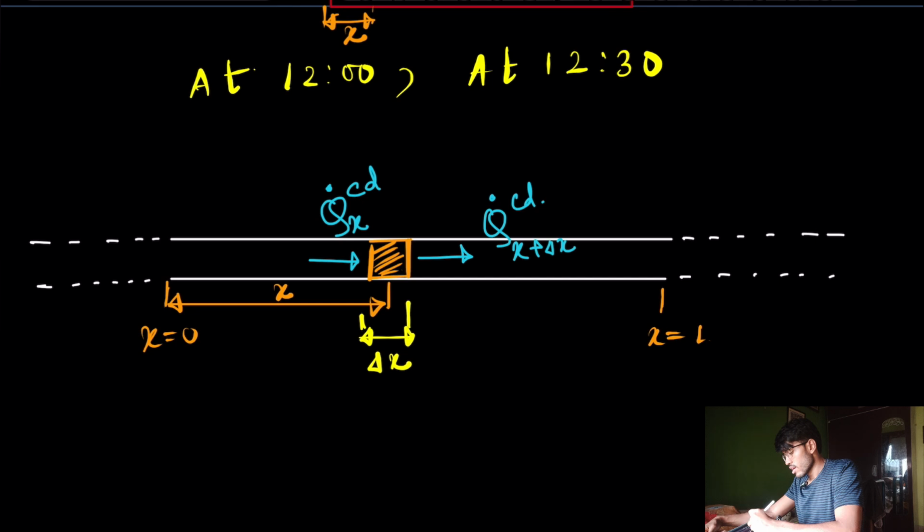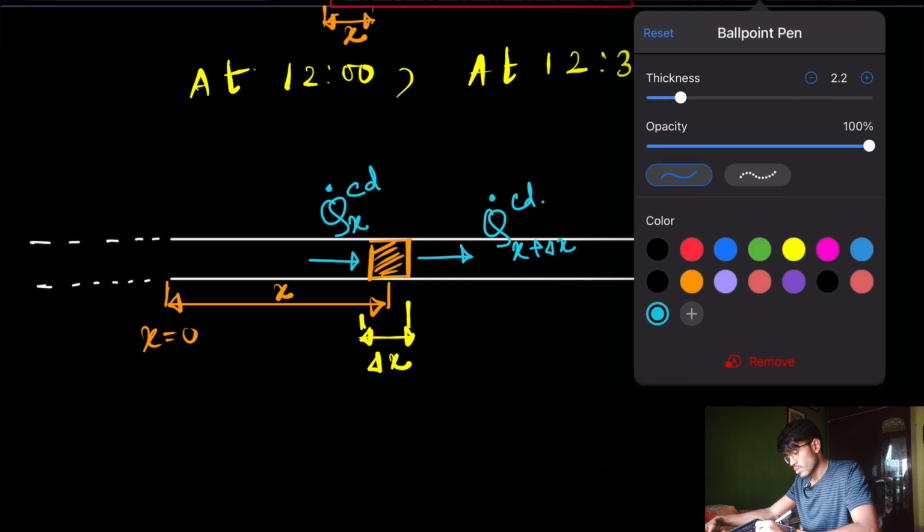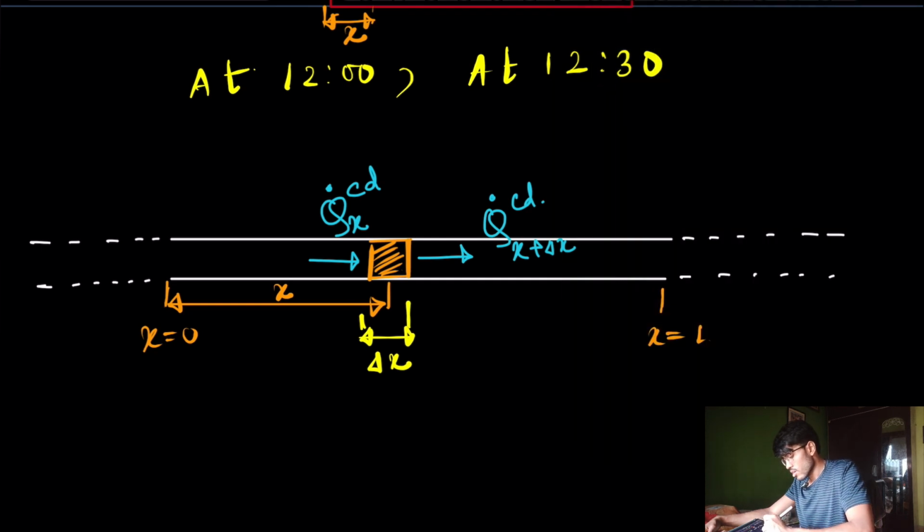I will denote the convection in another color, maybe green. So here it will be convection, Qx convection, CV.